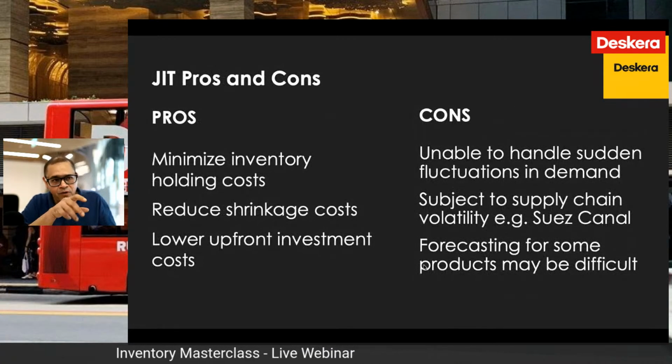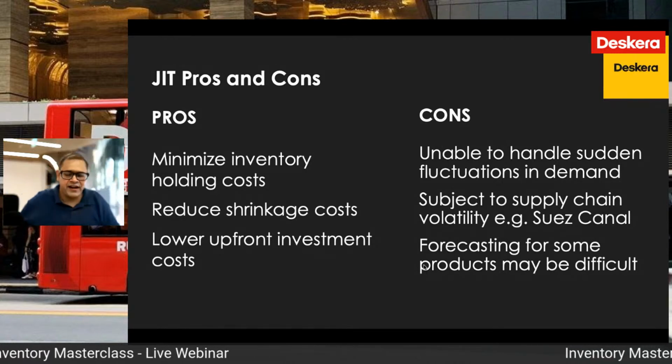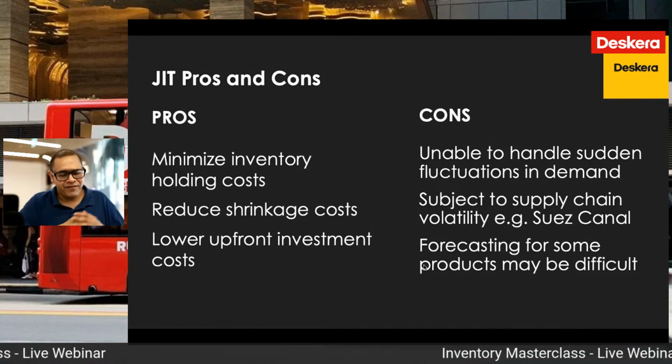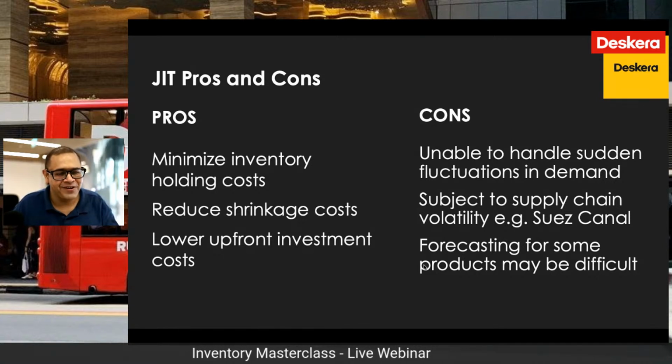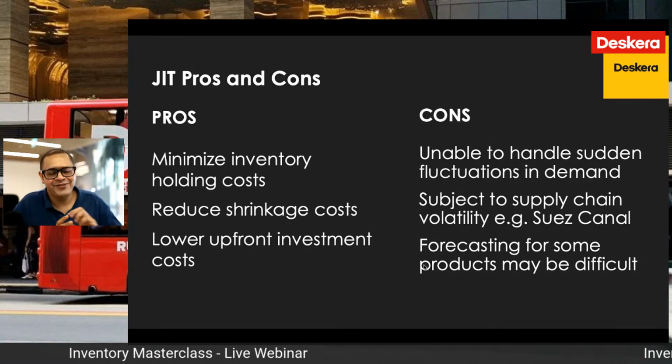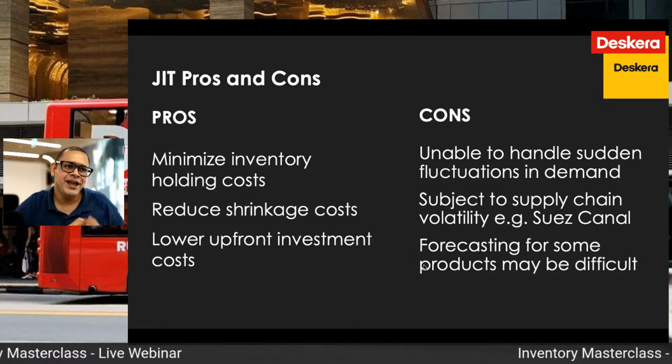But one point that we talked about in JIT was that you have hundreds of products, right? So should you do back order for everything or drop ship for everything? Should you do these experiments immediately and then learn from that?